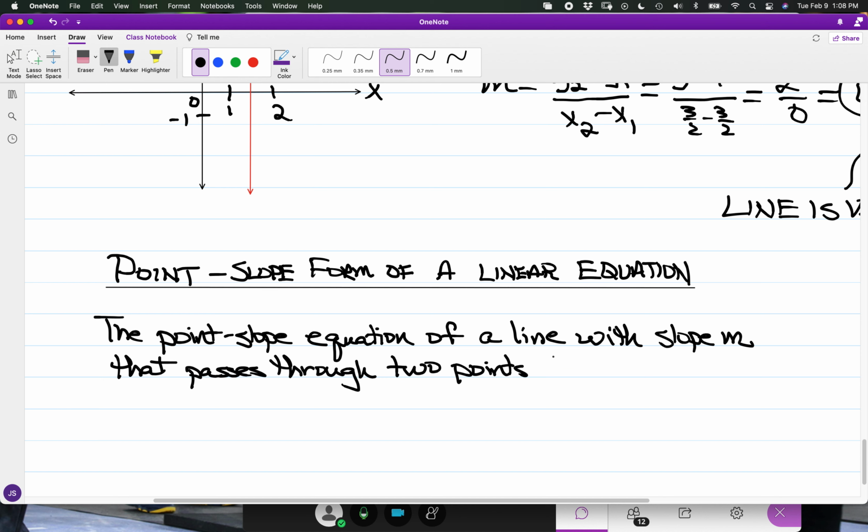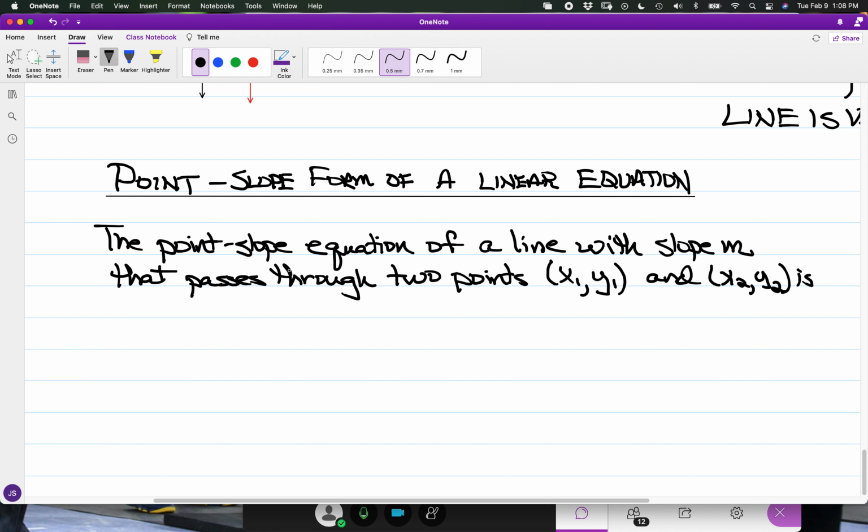Again, for these 2 points, just like in the slope formula, we will designate as (x1, y1) and (x2, y2). Now for the point slope equation, we normally say x before we do y, but this standard layout is going to have y terms at the front, and tell you what, let me do it this way. So you have the point slope equation of a line that passes through.